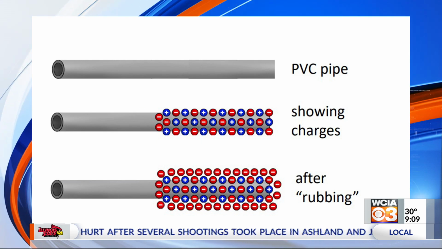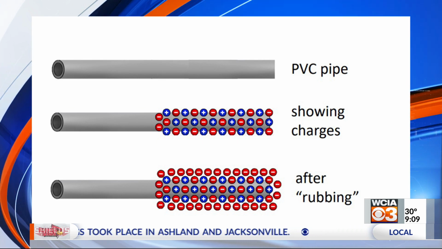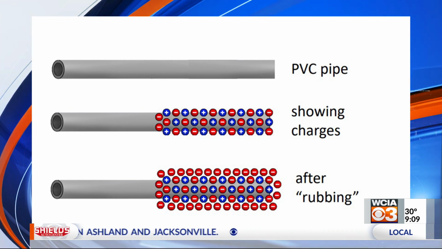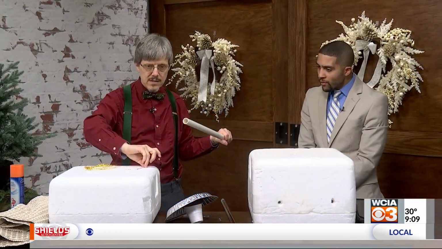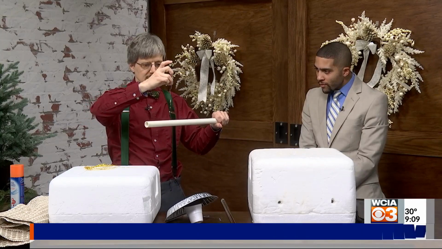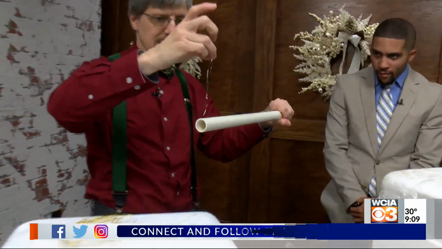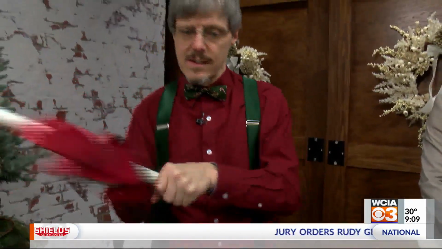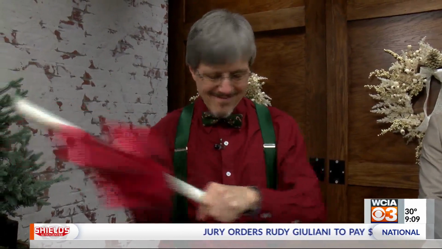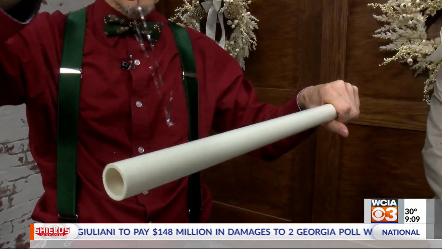But after I do this rubbing, and we might come back later and talk about why I have rubbing in quotes here, I actually am putting more negative charge on this. And so now, as I bring my tinsel close to this, we see that it's feeling forces, it's being pulled one way or the other. Let me just give this a little bit more juice. Okay, so now definitely we can see that it's feeling a strong force one way or the other.